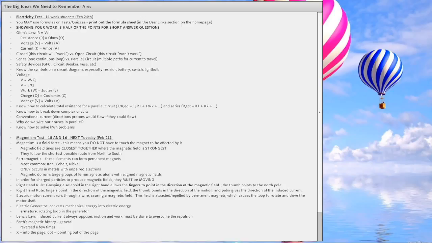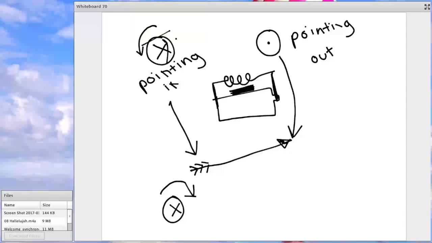So if we wanted to work that out, let's say our primary voltage was 240, and our secondary was, I don't know, 24, just because I can do that math in my head.